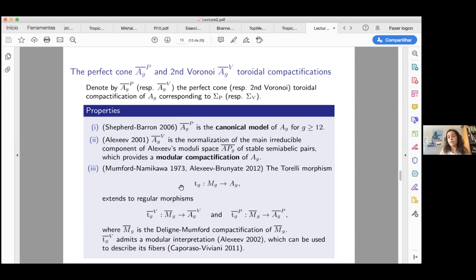And from the point of view of this talk, where we want to extend the Torelli morphism from Mg to Ag, these are the only two decompositions that make sense to consider, since we know now that in both situations, both for Ag bar V and for Ag bar P, the Torelli morphism does extend as a regular morphism from Mg bar to Ag bar, either V or P. For the second Voronoi decomposition, this was well known already to Mumford and Namikawa.